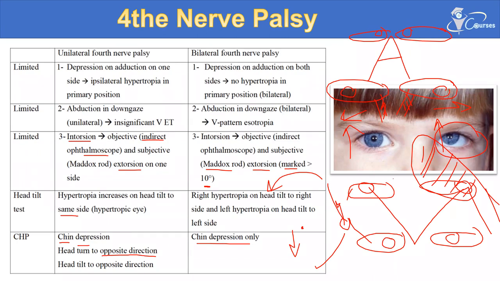This will cause chin depression, contralateral face turn, and contralateral head tilt. This is a way to remember the abnormal head posture of the fourth nerve palsy. Assume that the patient has a slab on his face. If he has a slab on his left face, it will cause left fourth nerve palsy, and he will have chin depression, face turn to the right and head tilt to the right.